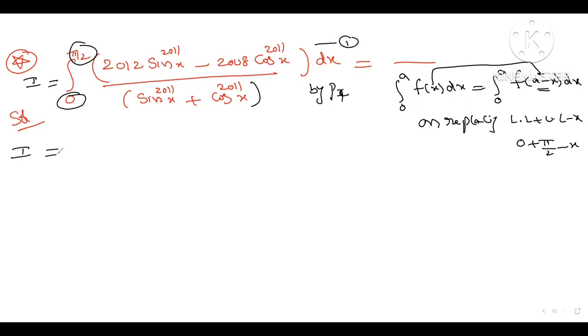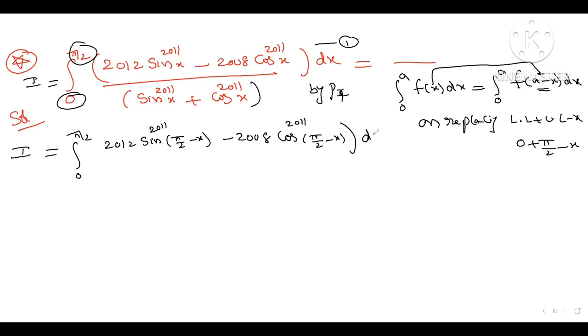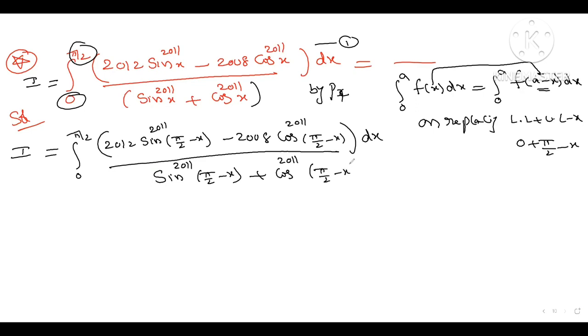So I, by using this property, what we get here: integral 0 to pi by 2, 2012 sin to the power 2011 of pi by 2 minus x, minus 2008 cos to the power 2011 of pi by 2 minus x dx, by sin to the power 2011 of pi by 2 minus x plus cos to the power 2011 of pi by 2 minus x. Therefore, I is equal to integral 0 to pi by 2.